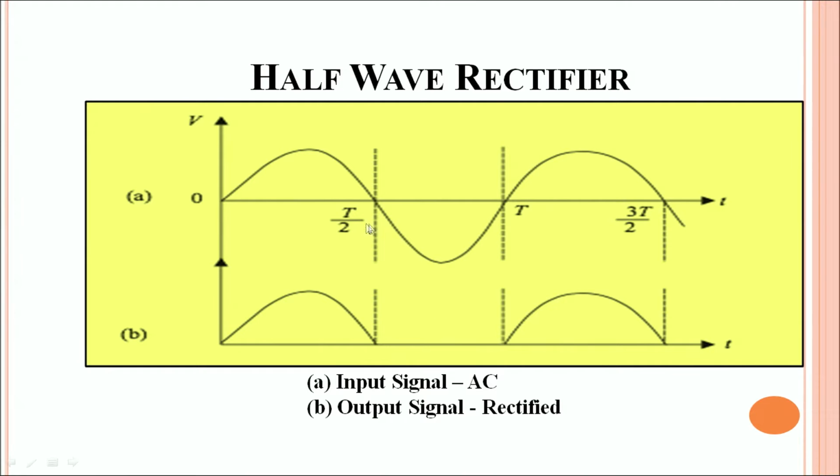So, all positive cycles are conducted through the half-wave rectifier while the negative cycles are blocked. Thus, the output of the half-wave rectifier looks like what we see in figure B.